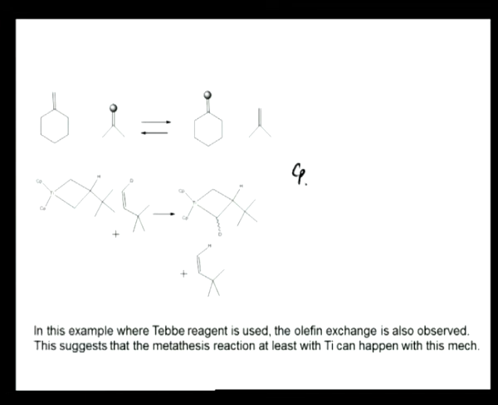In this case, one can write this intermediate in such a fashion. It is Cp Ti, Cp coordinated to CH2 and the olefin.